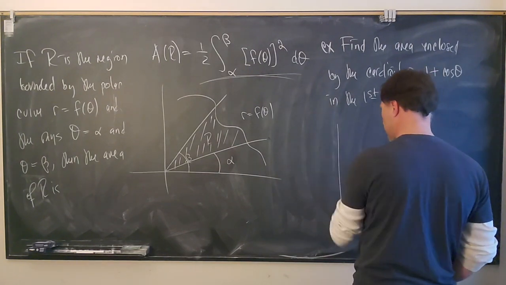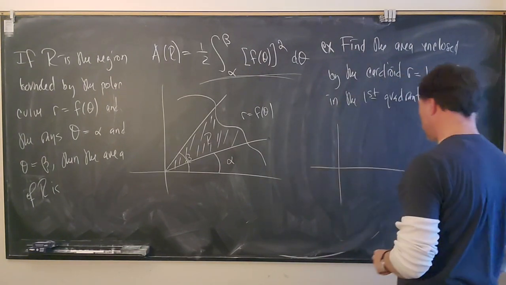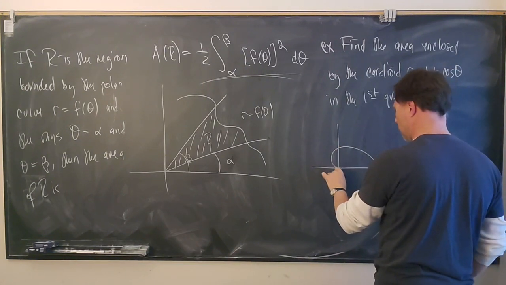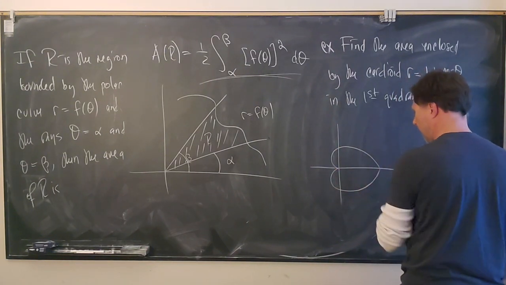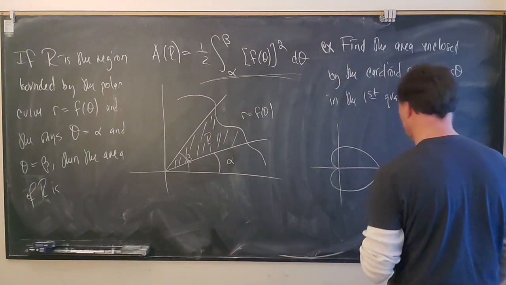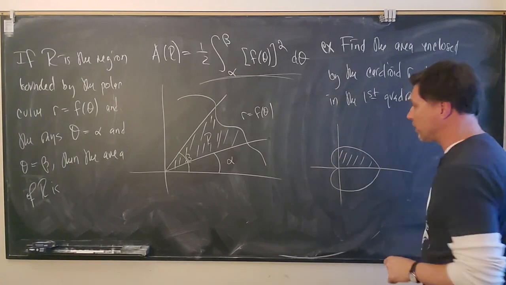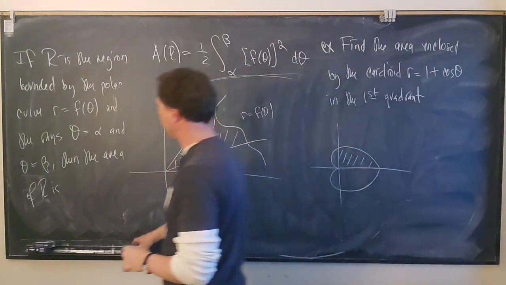So let's draw the picture now. The cardioid, we've already drawn this one, it has this heart shape like that. And then we just want the portion in the first quadrant. So I'm going to follow this formula right here.